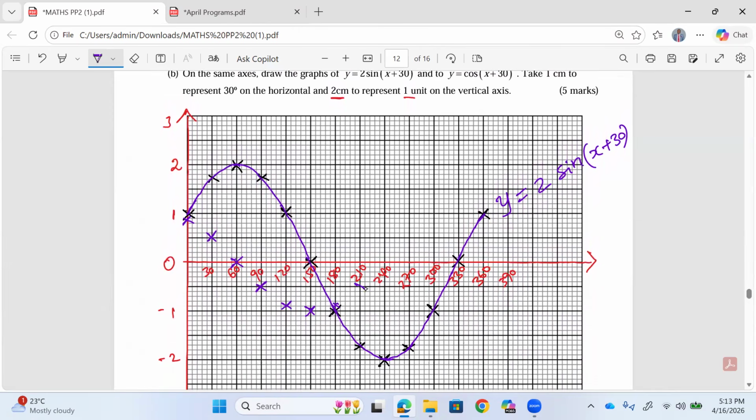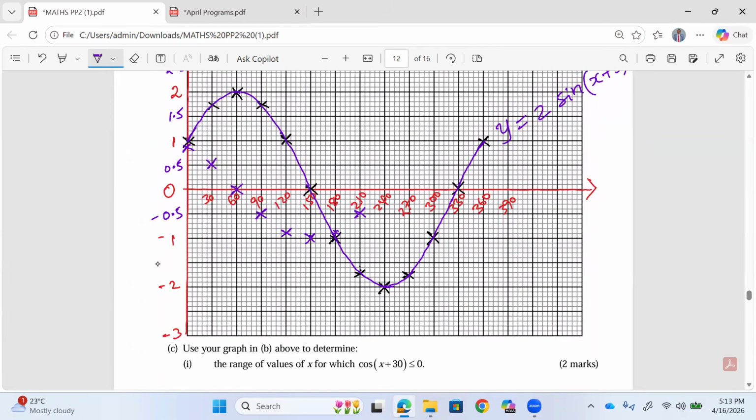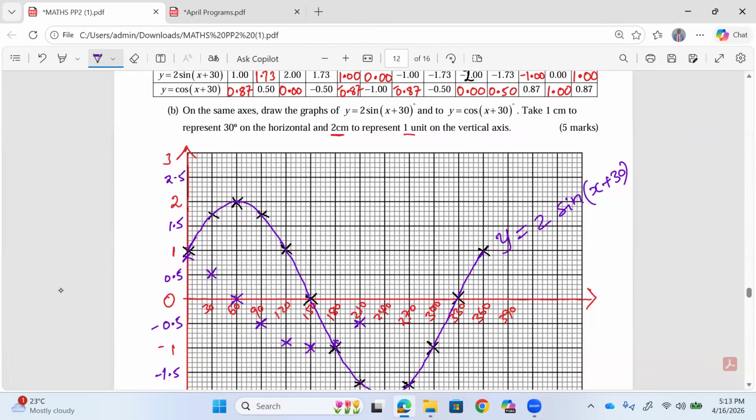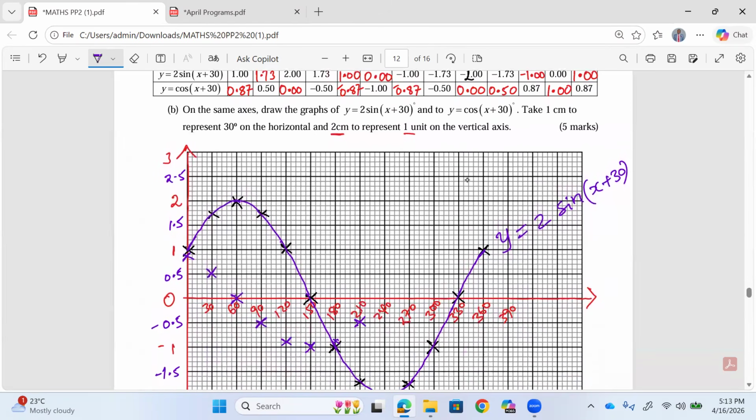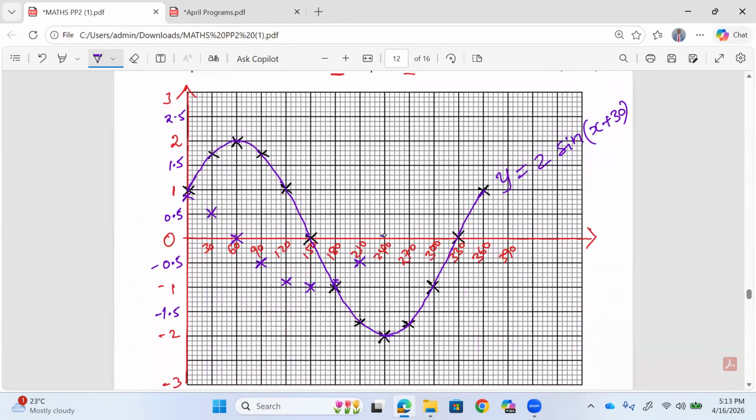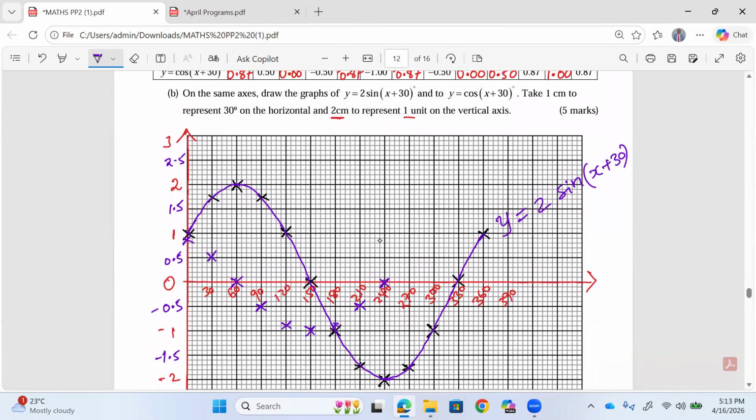Negative 0.5, which is here. After 210, you can go to 240. At 240, 0. So at 240, the curve shall be there.